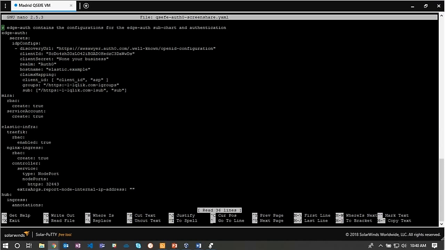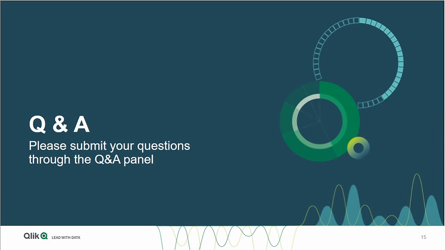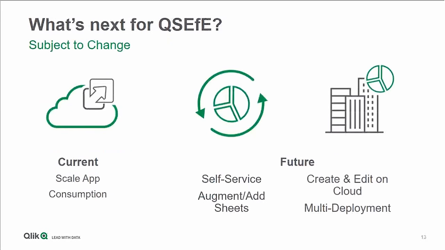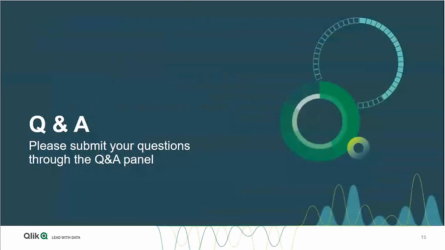As I showed you on the what's to come slide, one of the things that we would hopefully have is multi-deployments, right? Whether that's multiple deployments of Qlik Sense Enterprise for Windows, or multiple deployments of Qlik Sense Enterprise for Elastic, that would be something I would definitely look for in the future. So, all right, I think that was the last one.